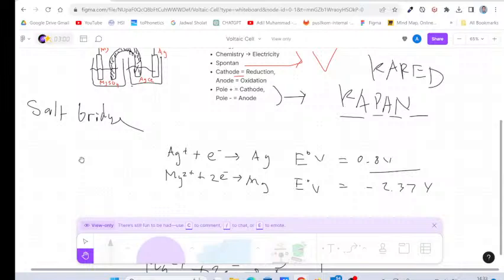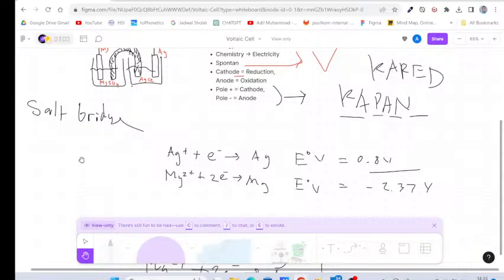From the voltage, you can determine whether this is going to be reduction or oxidation in order to make the voltaic cell. So Ag, because it is on the upper side, is the cathode because it is the oxidizing agent.